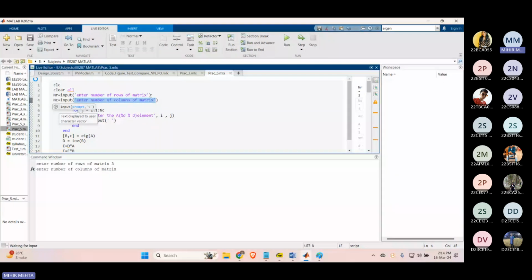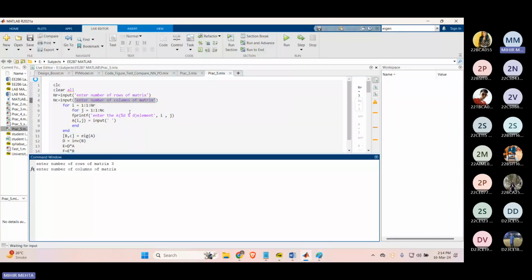This is something you need to understand: anything that you write within the inverted commas would be displayed, but would not affect the working of the program. So here we entered the number of rows, which was 3, and now coming to the number of columns, again we are entering 3.